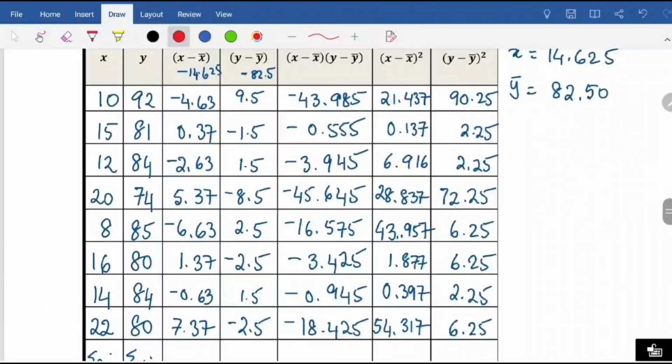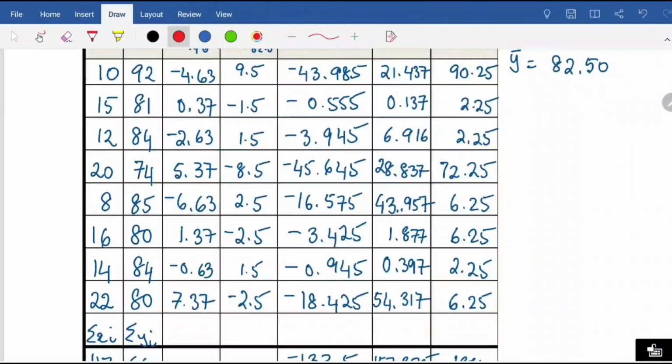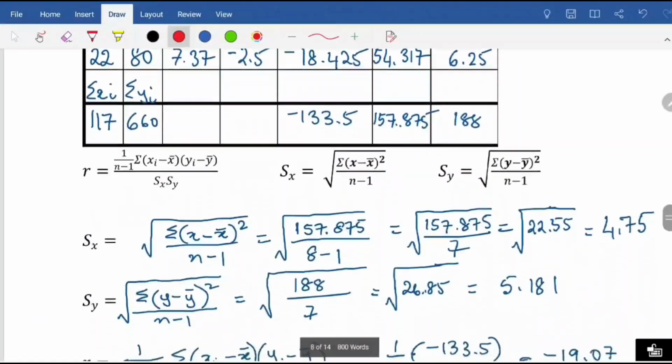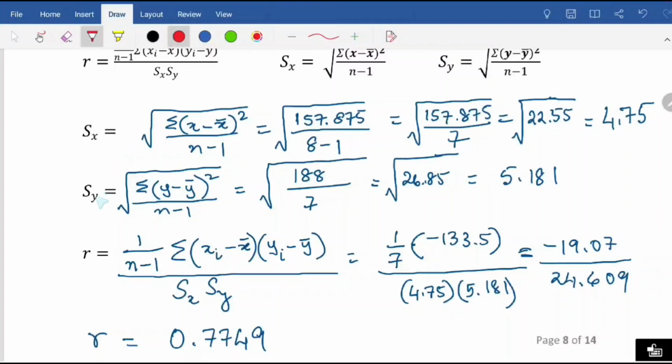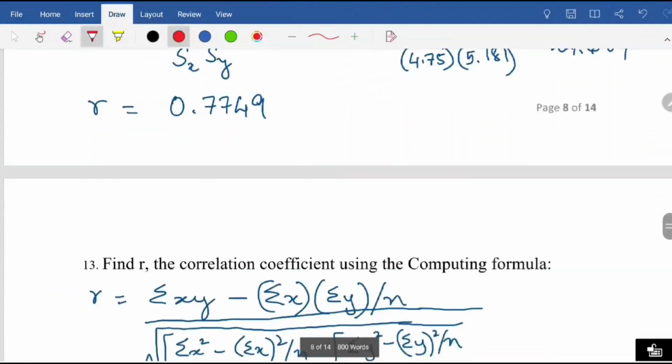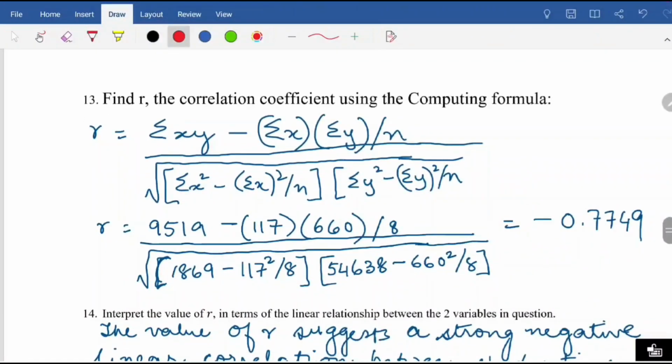So if you want to see how it's been worked using the defining formula, just pause the video here, pick up the values, check your answer against mine, and see how the calculations were done. You need your S sub x, S sub y, and then this is the defining formula for the correlation coefficient. But using the computing formula, this is what it is.